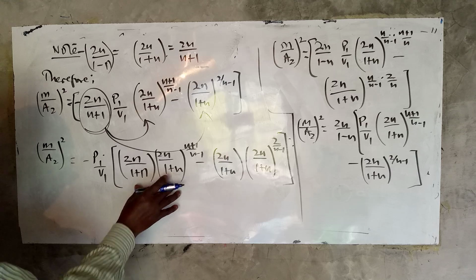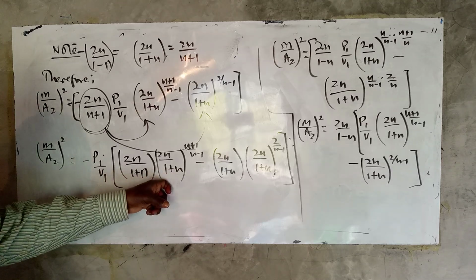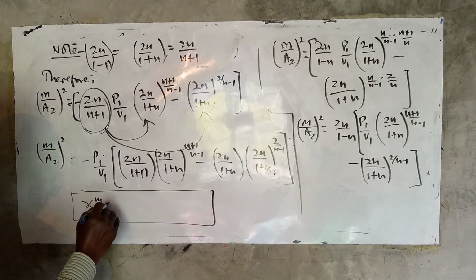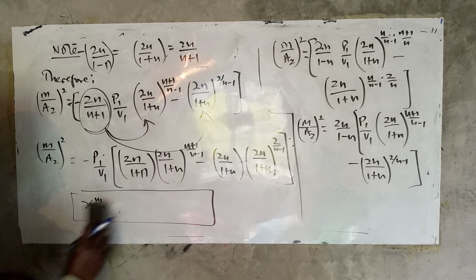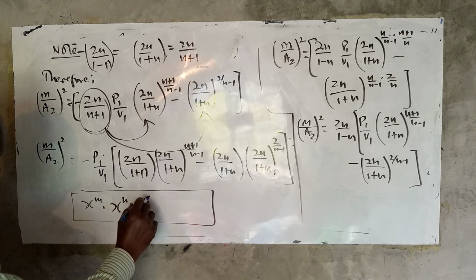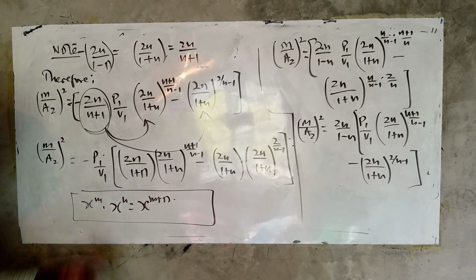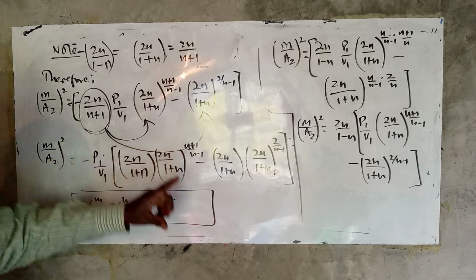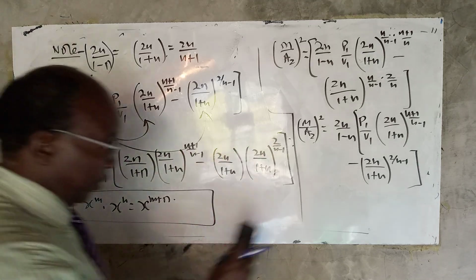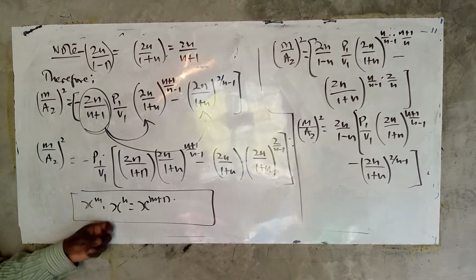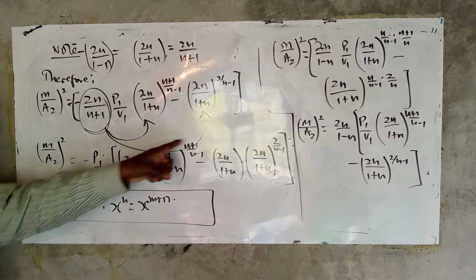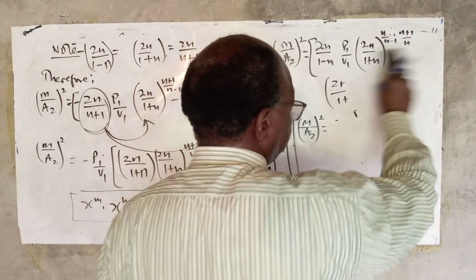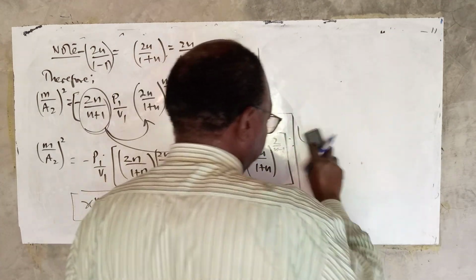Like we have already said, when we multiply these quantities, we add the indices. We are just using the identity x to the m times x to the power n will be x to the m plus n. So that's what will happen here. Remember this raised to power 1, that's raised to n plus 1, and so you'll add 1 plus that, then this raised to power 1, you'll add to that, using that identity. So let's see what comes out.